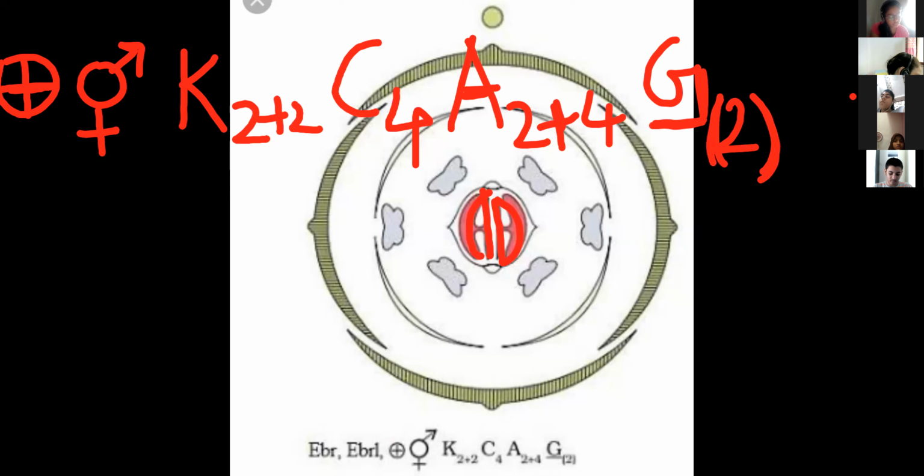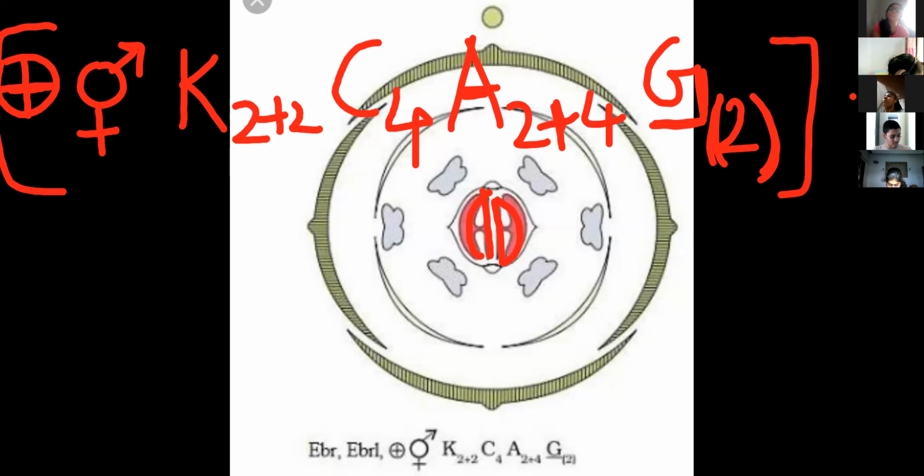So write in this way. That's why I told you before entering this lecture, go through the entire flower at least one time. Right? So in this way, we have to describe or write the floral formula. First we made the floral diagram, then the floral formula.